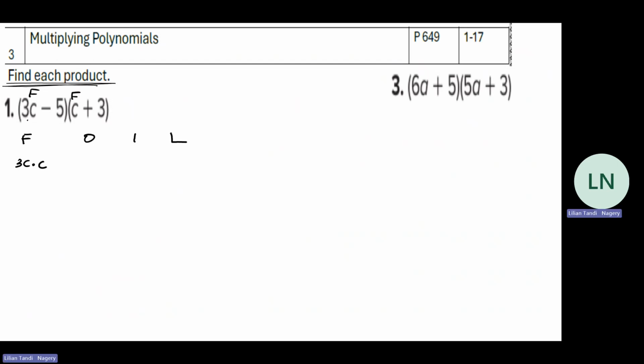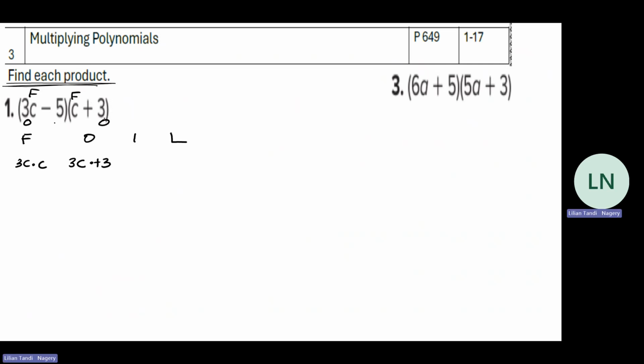Our last will be 3c times positive 3. So these are our last. And then our in. Sorry, our out. Why did I say our last? Our out. This is out and this is out.